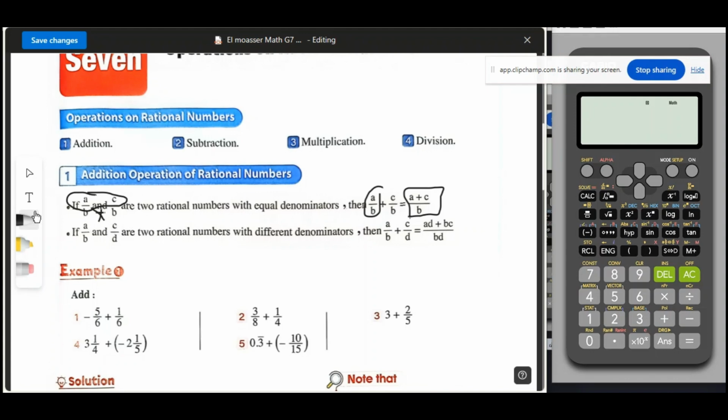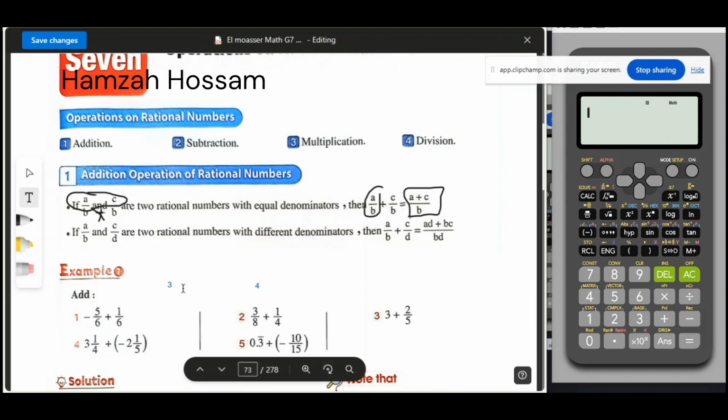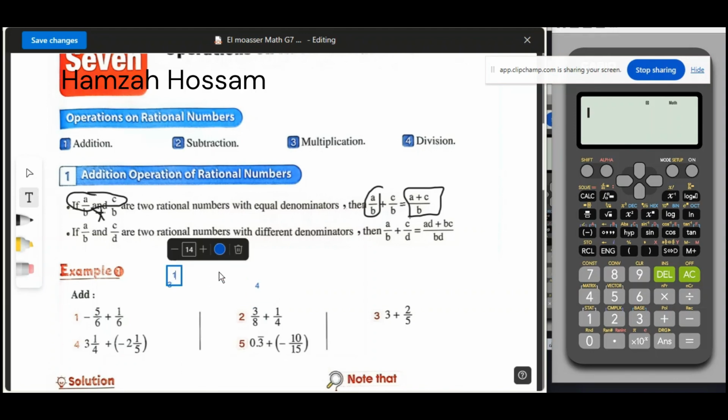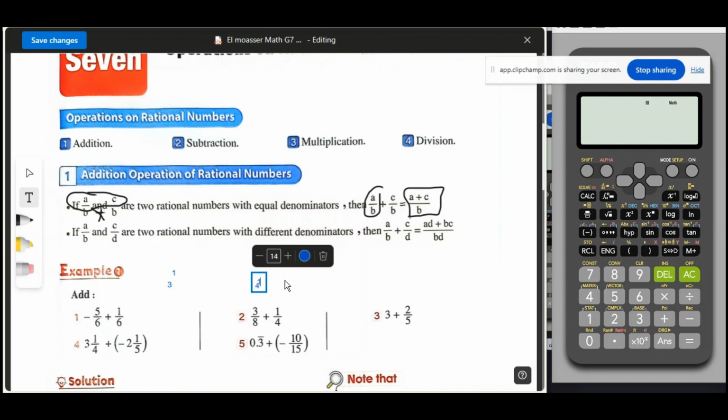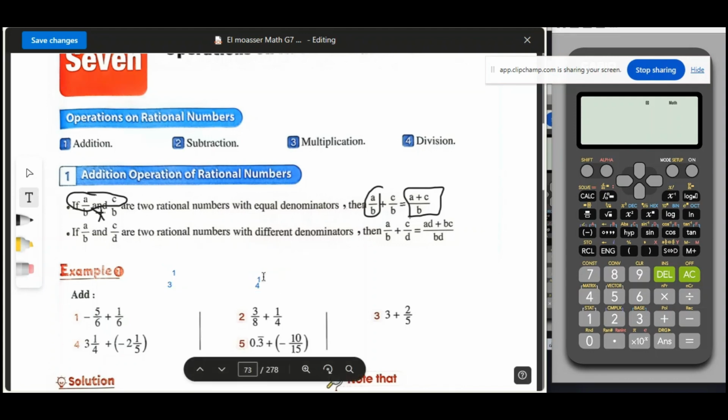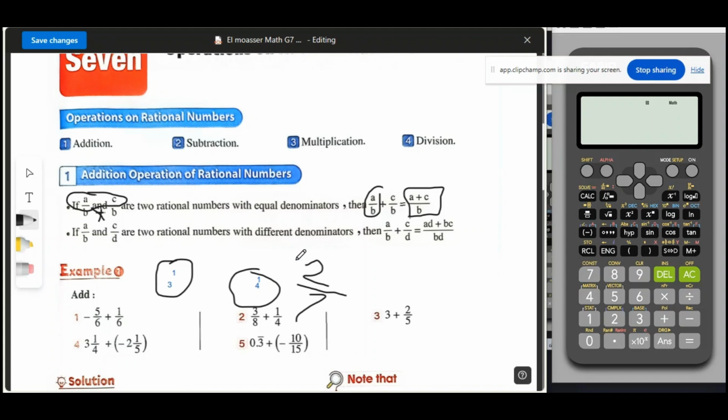So what happens if we take 1 over 3 and 1 over 4? Most of you will say I'll add 1 plus 1 equals 2 over 3 plus 4, which is 7, so 2 over 7. That's wrong.